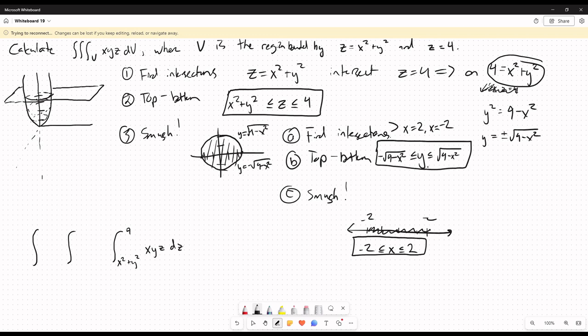Then y is going between negative square root of 4 minus x squared and positive square root of 4 minus x squared. So that's dy. Then x is going between negative 2 and 2. That's going to be dx. So we have now set up the triple integral that we could calculate in order to evaluate this integral. So there you go.